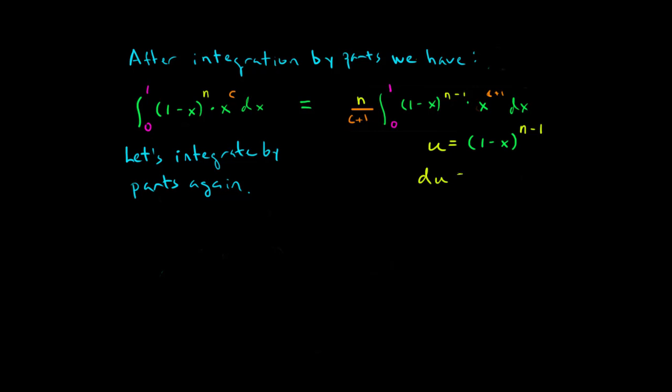And then du will be found to equal negative n minus 1 times 1 minus x to the n minus 2 dx. We're going to let dv equal x to the c plus 1 dx. And then we'll have that v equals x to the c plus 2 over c plus 2.